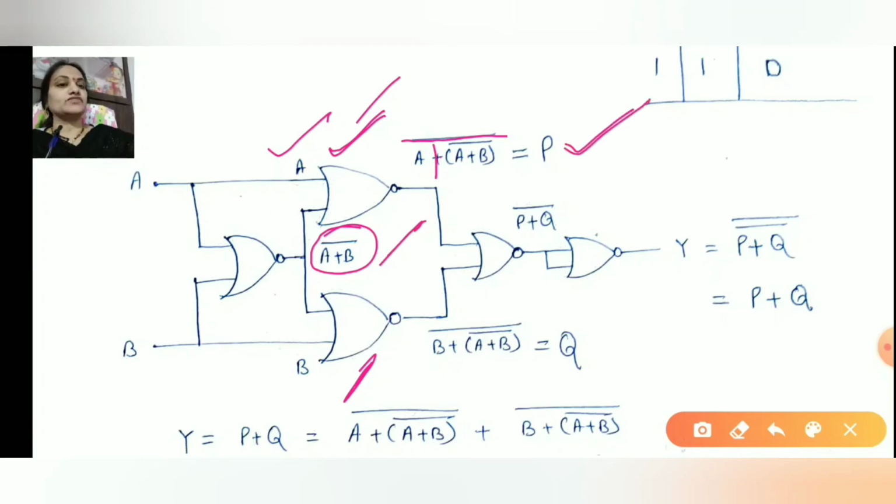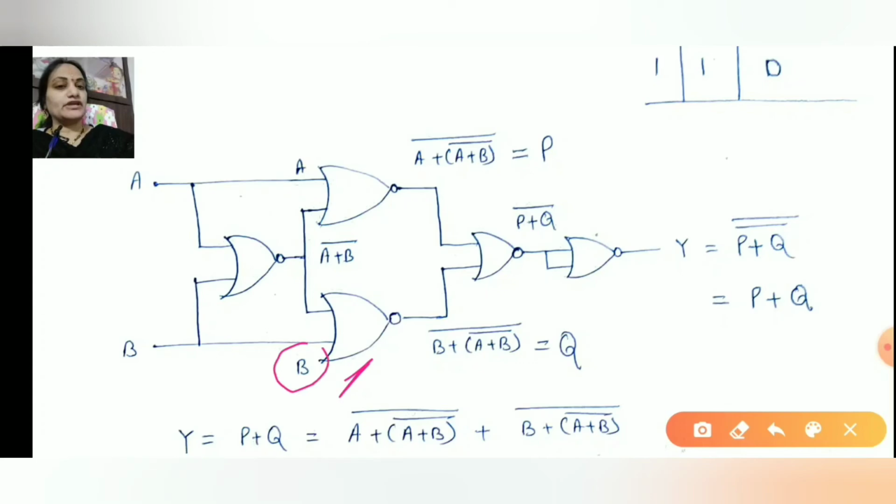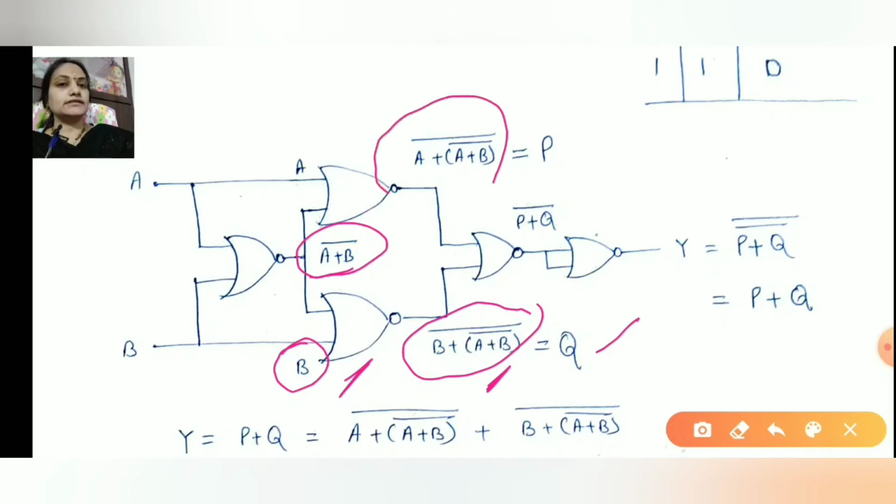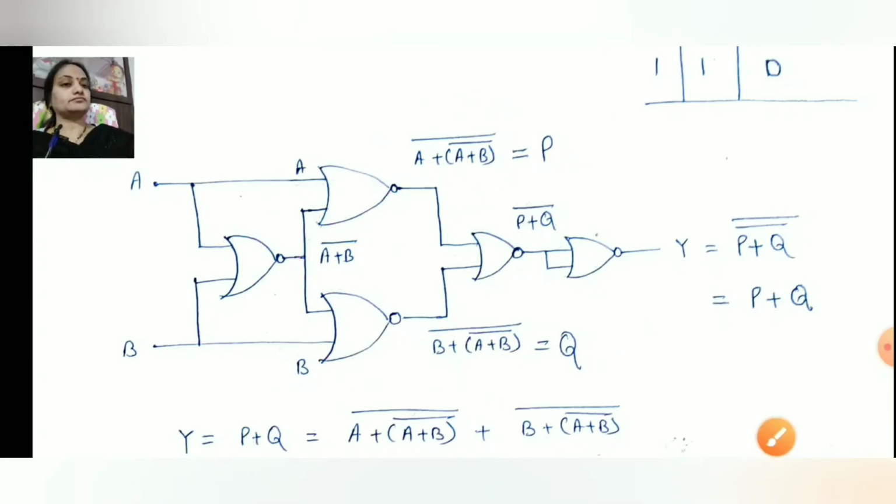Next, for this third gate, the inputs are B and A plus B whole complement. That's why we got the output like this. Let us treat this expression as q and this expression as p, for the simplification process.